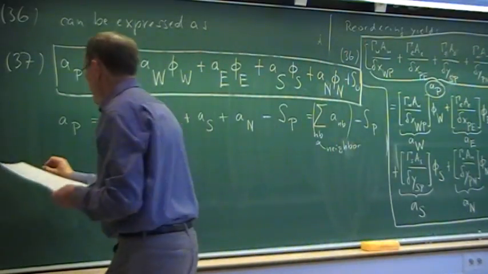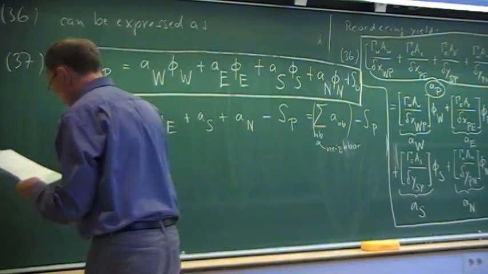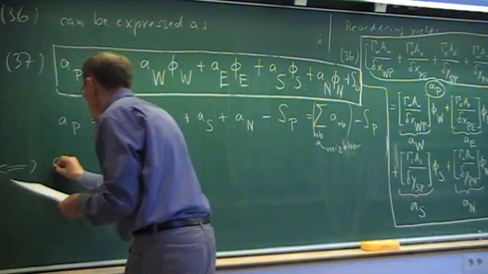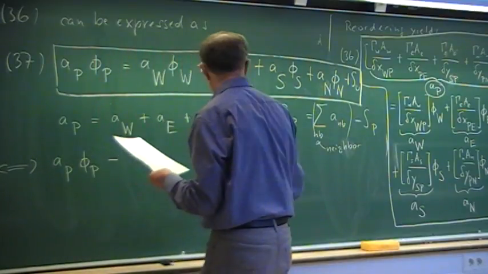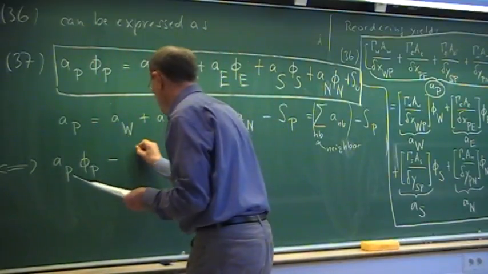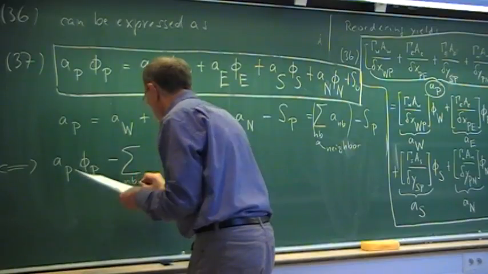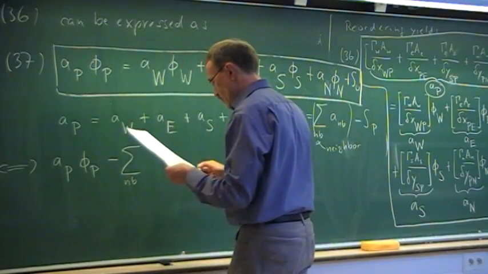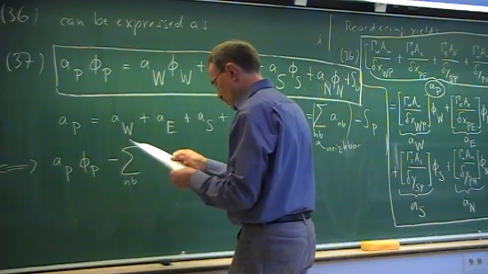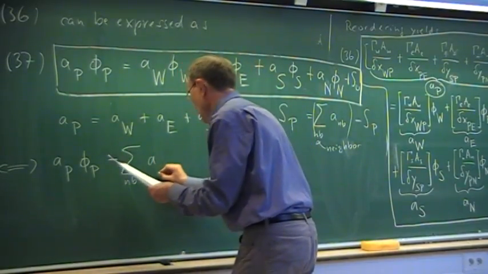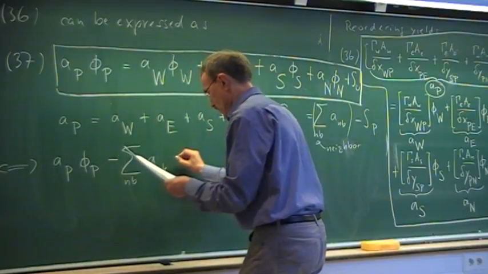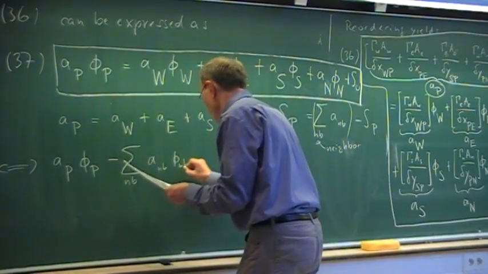So equation 37 can also be written as AP times phi p, now using the short notation with the neighbors, minus the neighbors coefficients, A NB, phi NB.